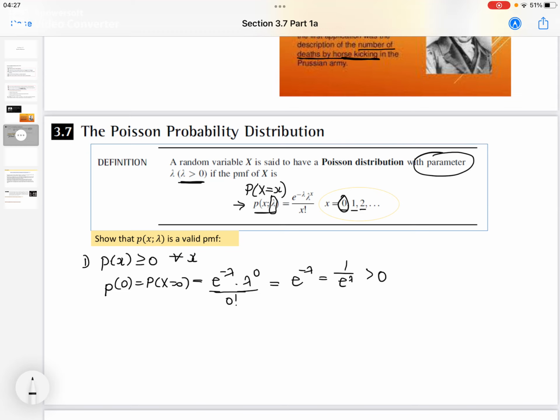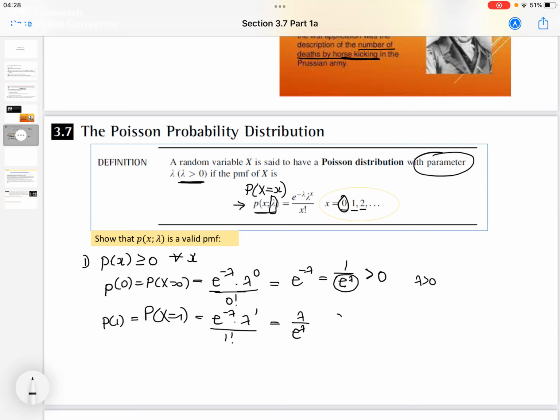Okay, the exponential function e to the power lambda, where lambda is a positive value, we know that this value here is a positive value, and so the final answer will be positive, all right? And then p_1 is equal to the probability that x is equal to 1, that is e to the power minus lambda times lambda to the power 1 divided by 1 factorial. That is just equal to lambda divided by e to the power lambda.